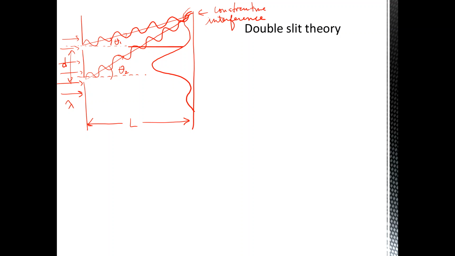No, they're not. Actually, they might look different, but in reality, they're the same. And the reason for that is because L is way greater than D. Okay? If L is way greater than D, then they meet at a very far distance.